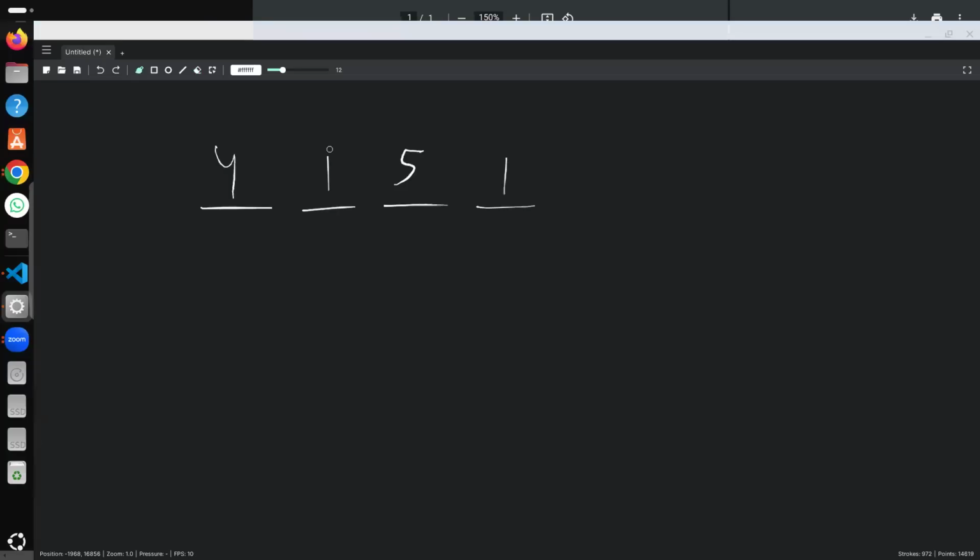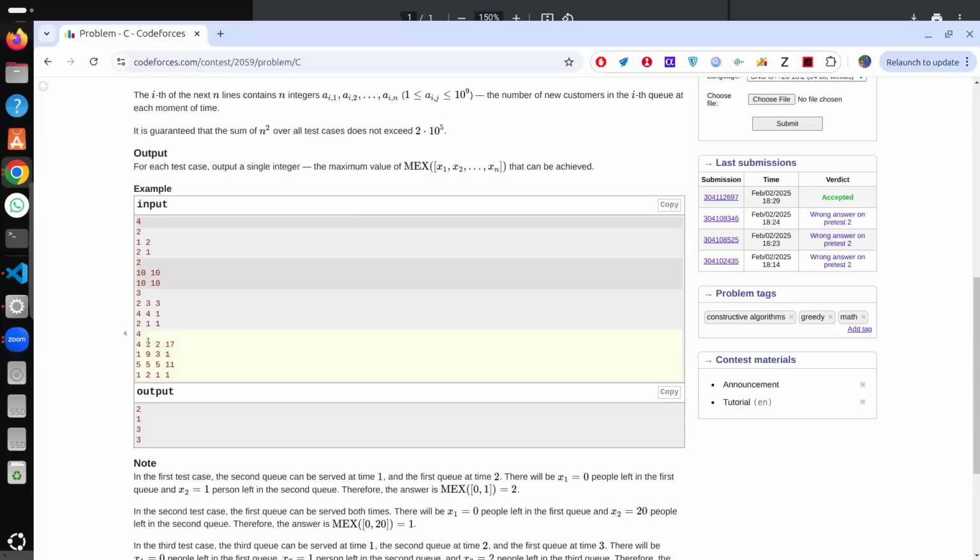Now, we have to choose any queue to clear. We can choose any element and make it 0. So let's say we choose this 4, the index 1, so it will become 0. Now at the next moment, 2 customers appear in line 1, 9 appear in line 2, 5 appear in line 3, 2 appear in line 4.